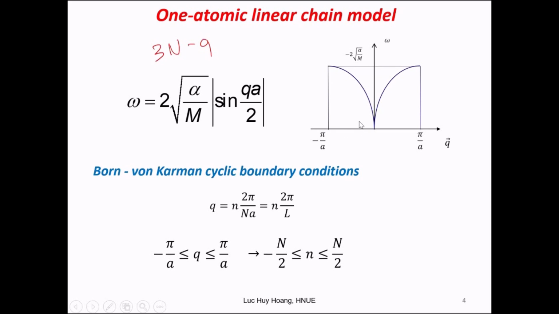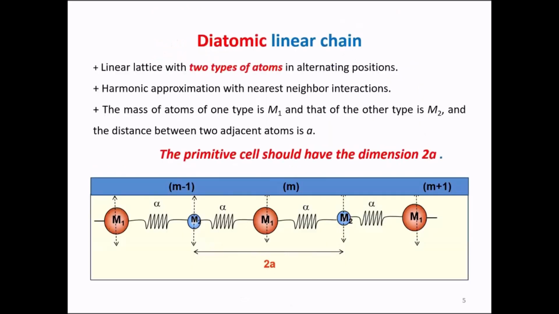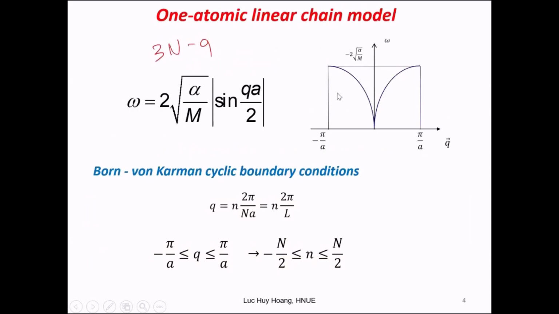Now we go to a problem a little bit harder. It's the diatomic linear chain. A little bit harder because this model we can apply to a crystal with identical atoms. But you learned from the first chapter that some crystals have different atoms, right? For example, sodium chloride.